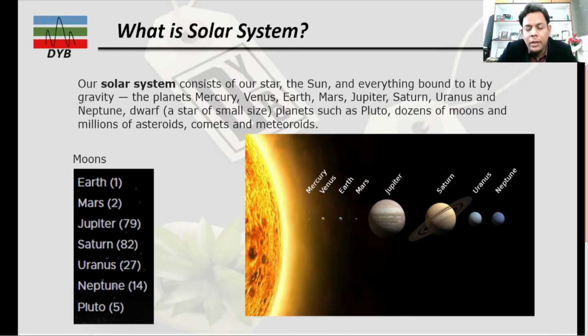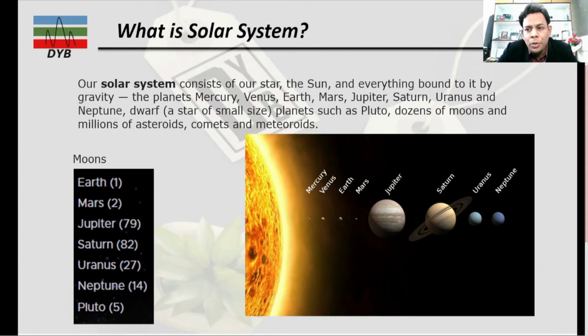When there is a star or some element that keeps rotating, it has gravitational force that keeps other objects moving around it. In it we have Mercury, Venus, Earth, Mars, Jupiter, Saturn, Uranus, and Neptune. And also there is a dwarf planet called Pluto.